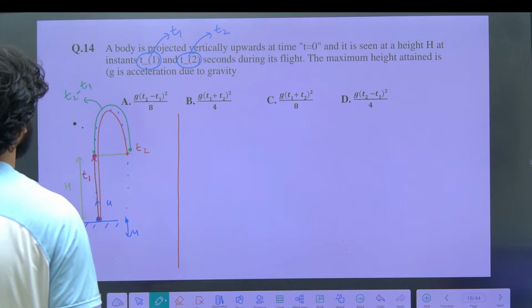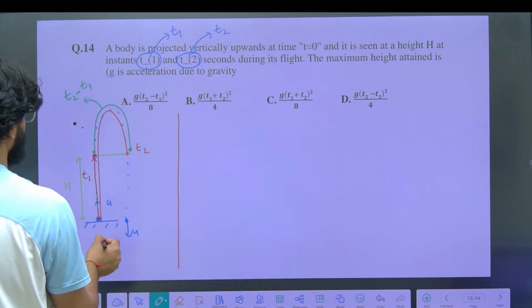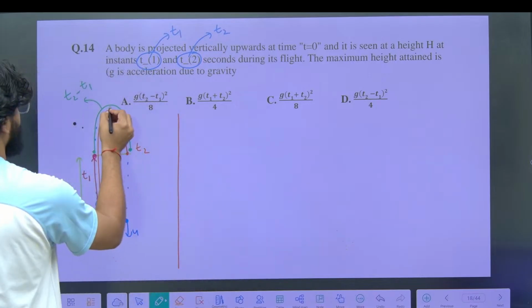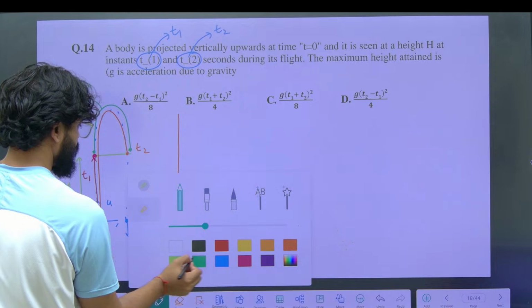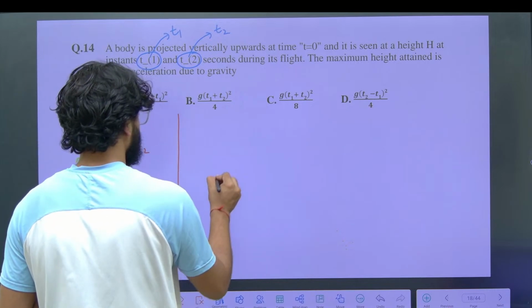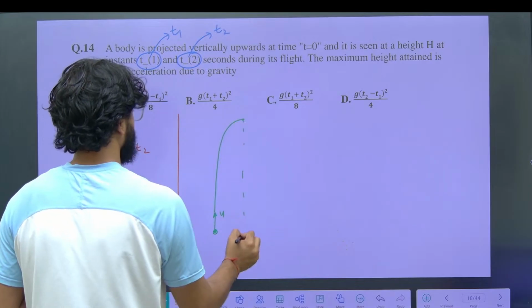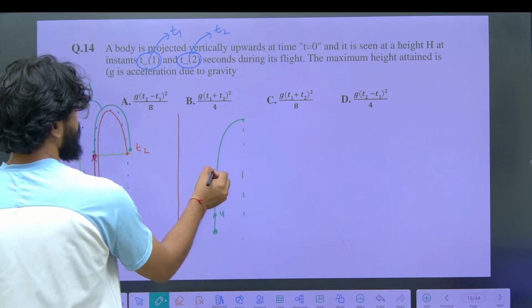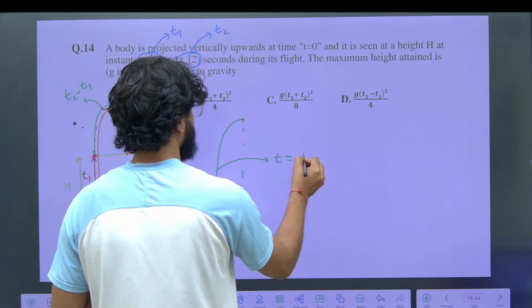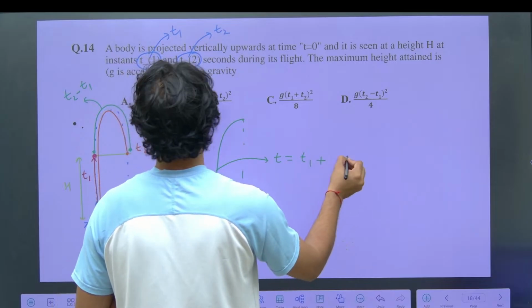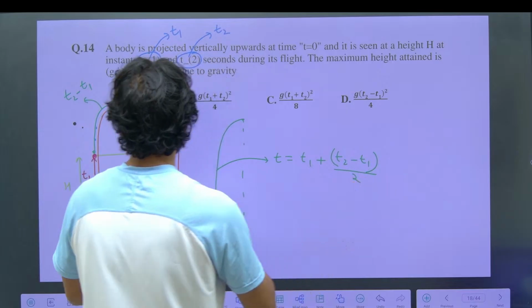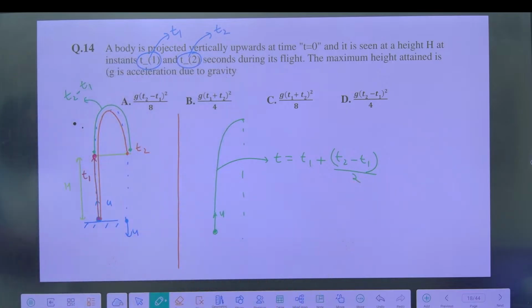Okay, and when it is being projected with speed u, it will reach this distance, so this time it will be t1 plus (t2 minus t1) by 2, if you can see this, correct?